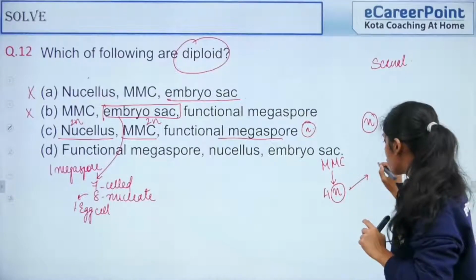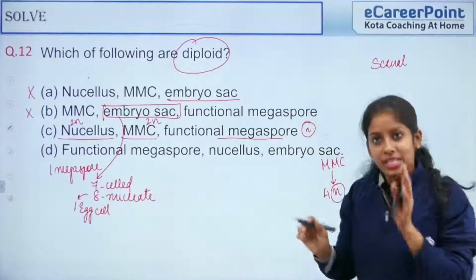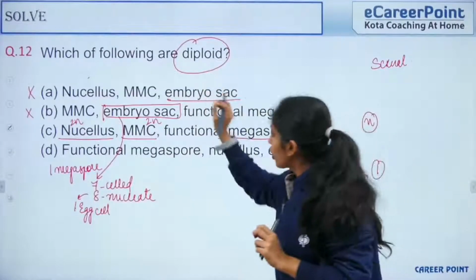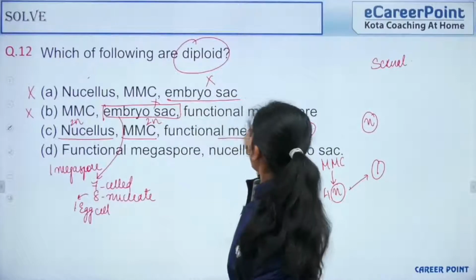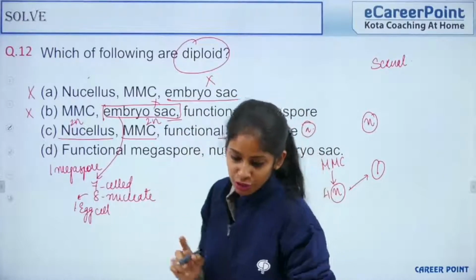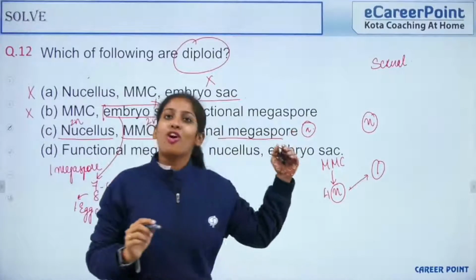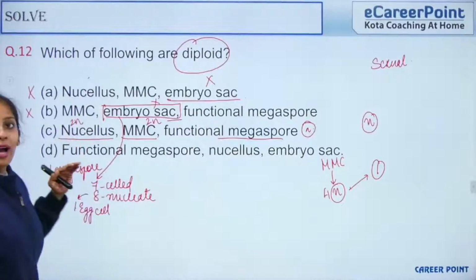Out of which one is functional. So ideally functional megaspore is haploid because it is formed after meiotic division. If you look into the given options, this cannot be, this also cannot be, and this functional megaspore shouldn't be. So it has to be megaspore mother cell or microspore mother cell. But still all the options do not match very closely.